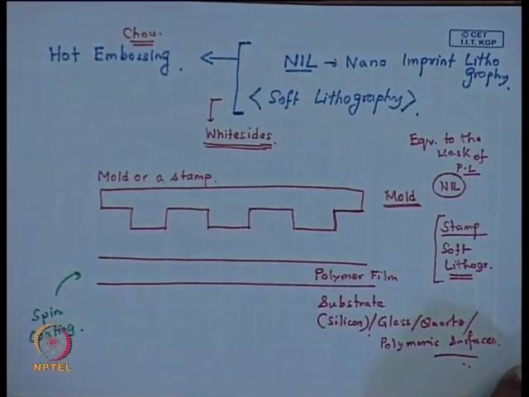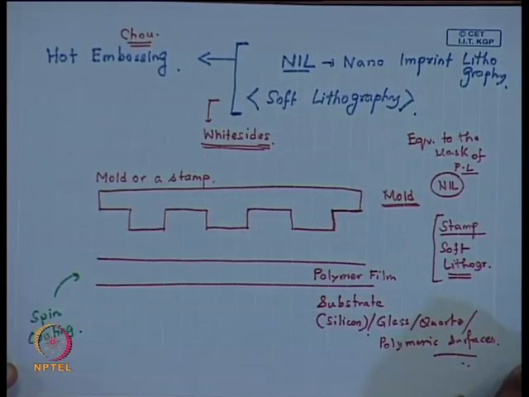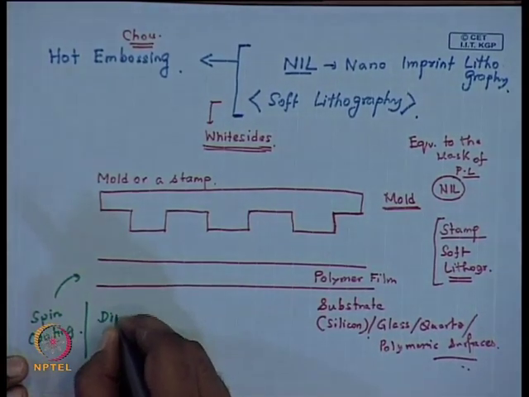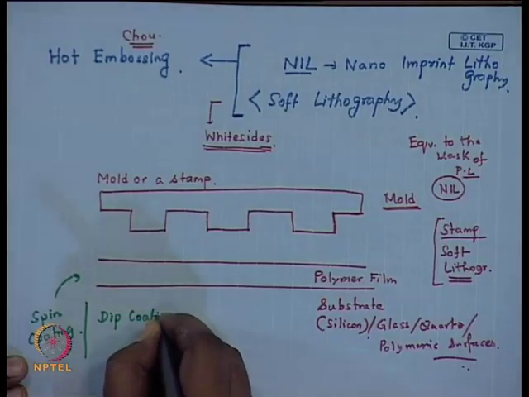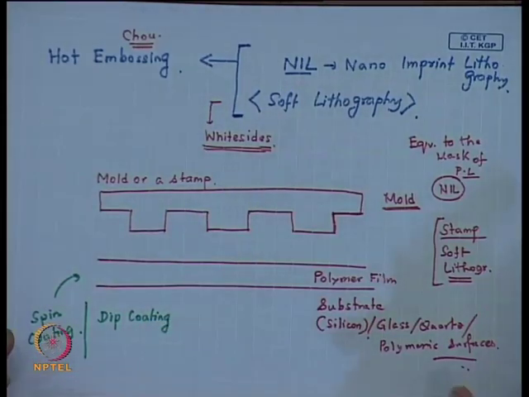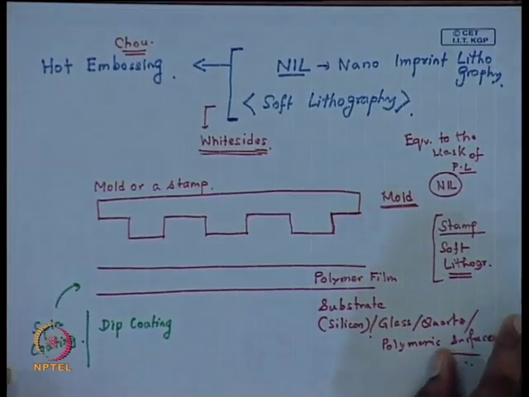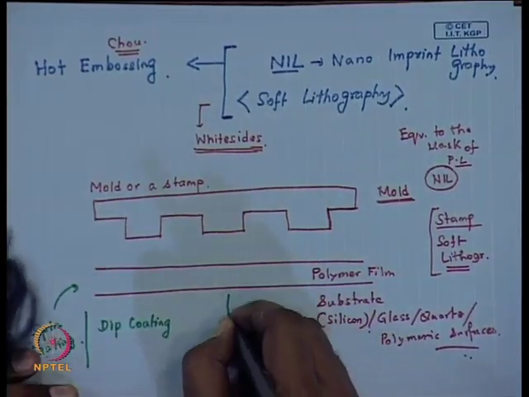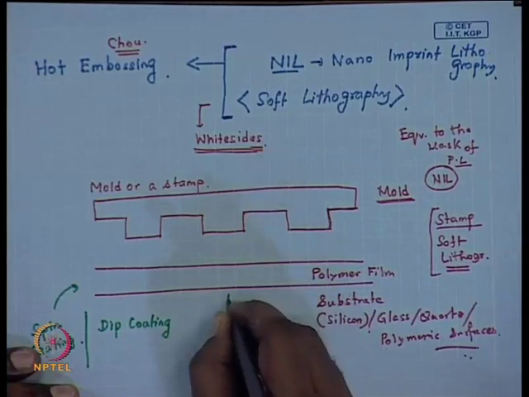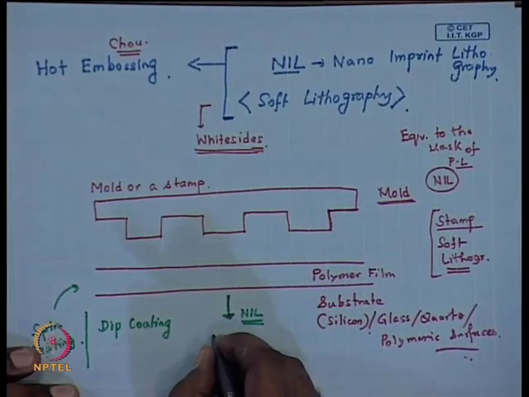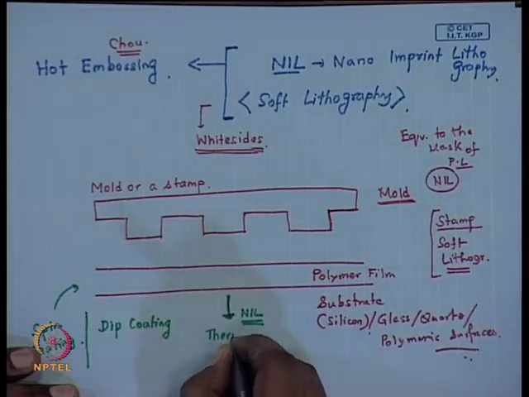We have discussed in detail about spin coating in the context of photolithography, but one can also work with something like dip coating, drop casting, or whatever method you want to really use, it really does not matter. So, the easiest example, the classic NILs, work with thermoplastic polymers.